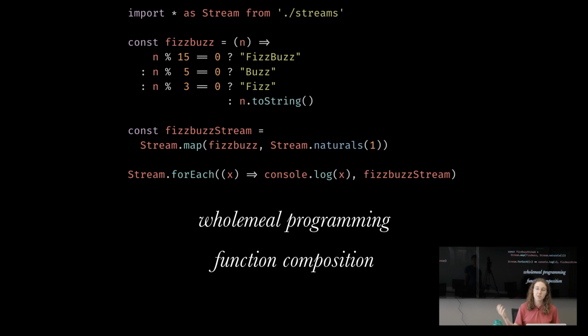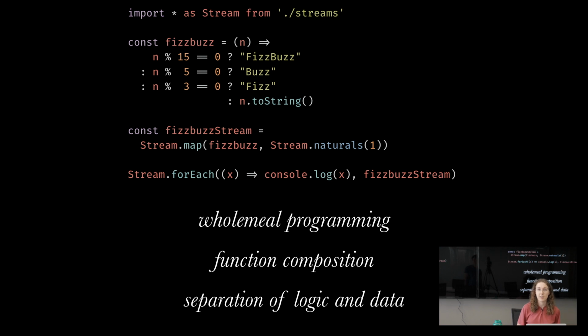So we can pass the Fizzbuzz function into our stream.map function. We can take two functions, we can put them together. But also, and this is something that I think isn't talked about very much, but is really important in functional programming, is the separation of logic and data. I don't hear people talk about this very often, but if you think about it, there's two parts to this program.